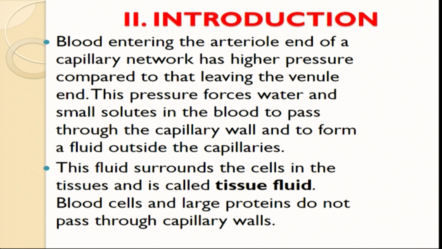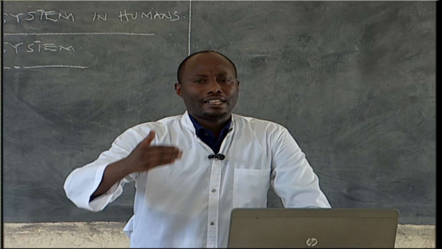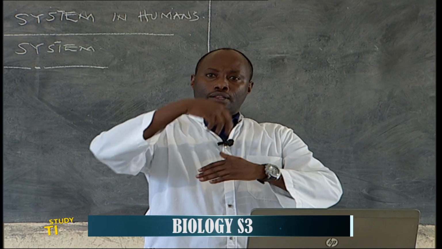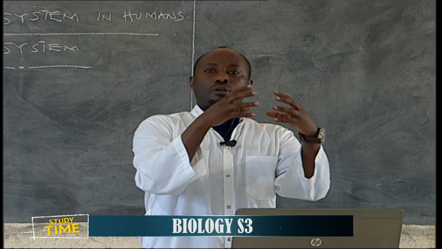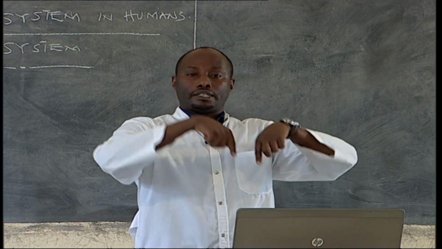So let's go through what I was talking about. The blood enters the arterial end of the capillary network and has higher pressure. That higher pressure will force small molecules to move through the capillary wall, and those with a large size will not move through the capillary wall. Instead, they will be retained inside the capillary.